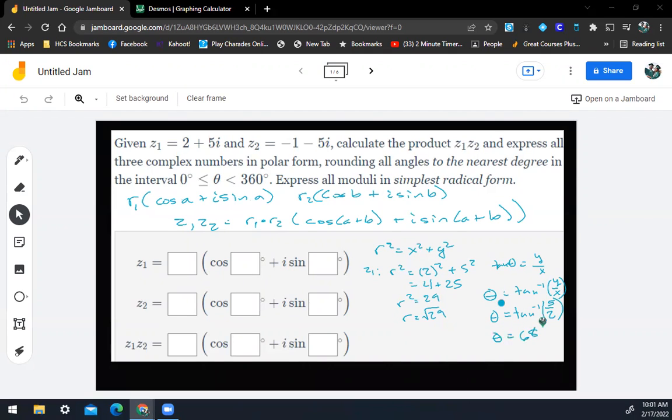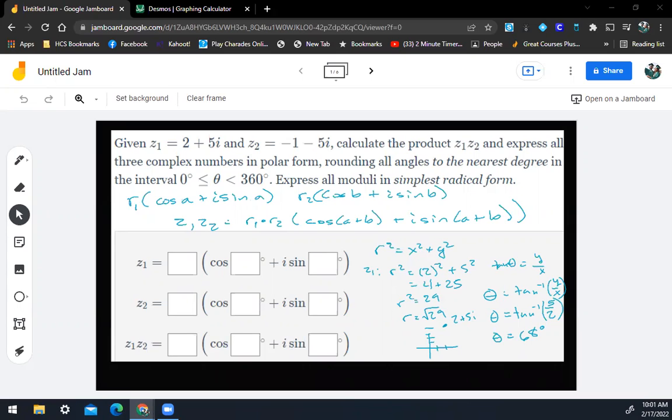Now, remember, this is only my reference angle, so I need to check and make sure that this is the actual angle. Let's look at this problem. We've got 2 on the real axis and 5 on the imaginary axis, so something like this. This is 2 plus 5i. Which quadrant is it in: first, second, third, or fourth? First, and therefore everything's positive.